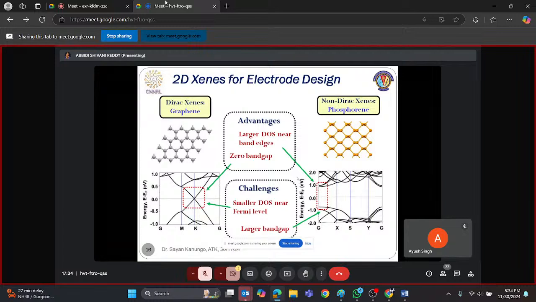Similarly, for the E-k relationship of phosphorene, within some energy window around the Fermi level there are no electronic states present. Beyond the conduction band minima and valence band maxima, there will be a larger density of states, which will be advantageous for ideal supercapacitor electrode design.